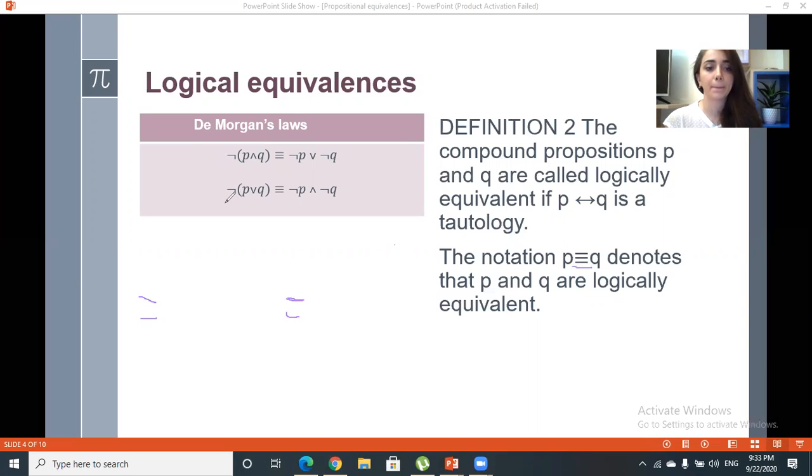Again, in the second row, here is the disjunction, and at the end, the disjunction changed and became a conjunction. So the compound propositions P and Q are called logically equivalent if the biconditional statement between them is a tautology.